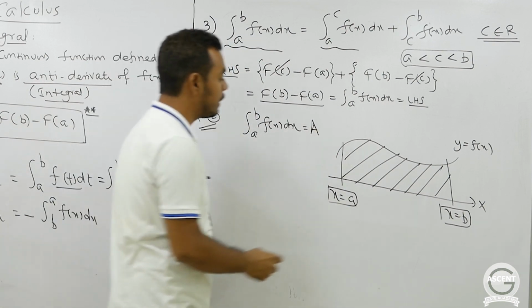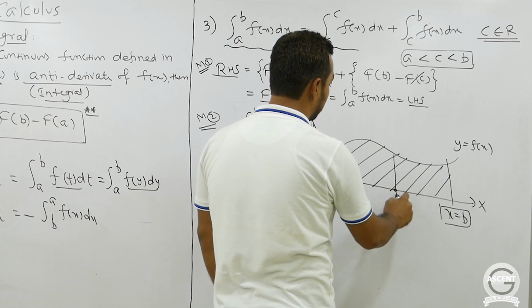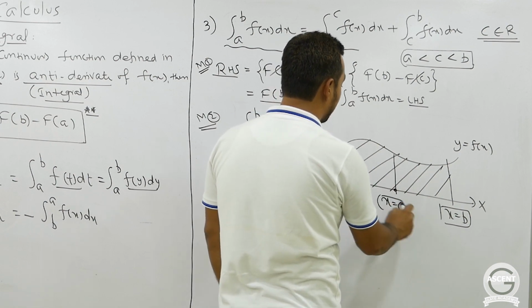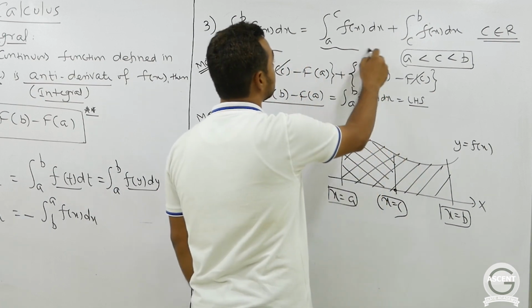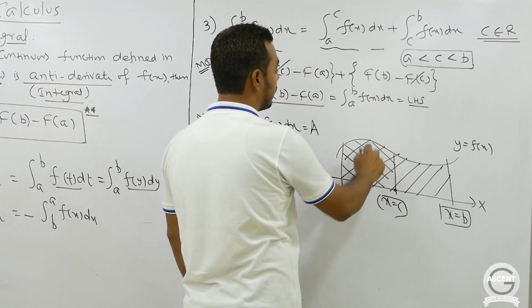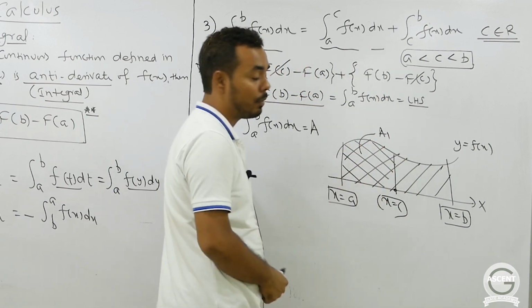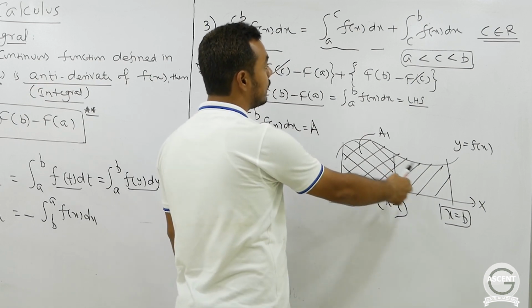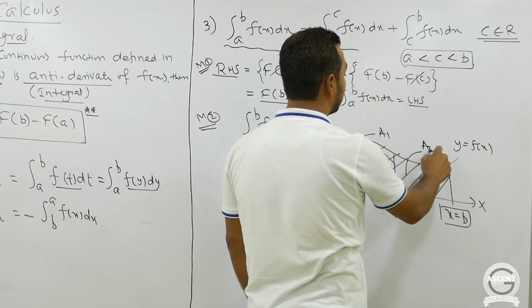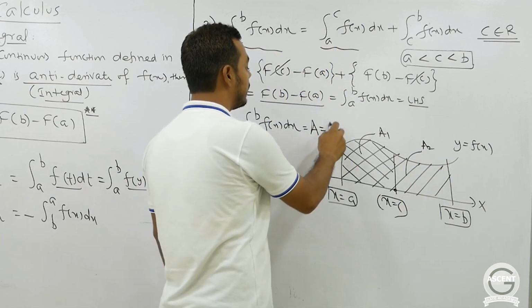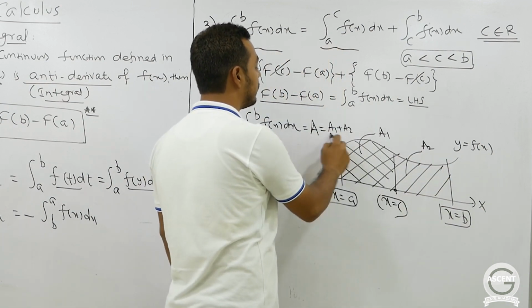Now suppose I have some point c in between, say this line is x equals c, so now this first area will be nothing but the integral given by this first expression, a to c of f(x) dx. I can call this area A1, and this second integral is nothing but the area from c to b, so I can call this second region A2. Now you can easily see that this total area is nothing but the sum of these two areas.